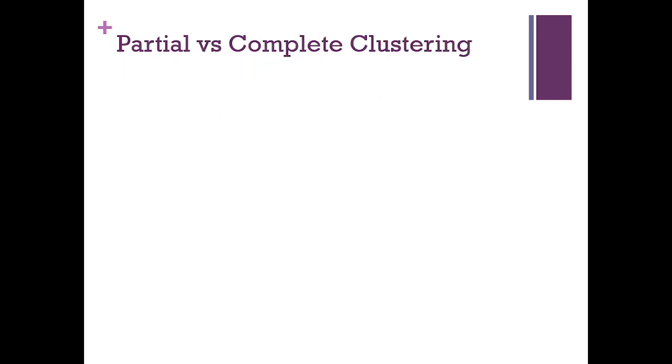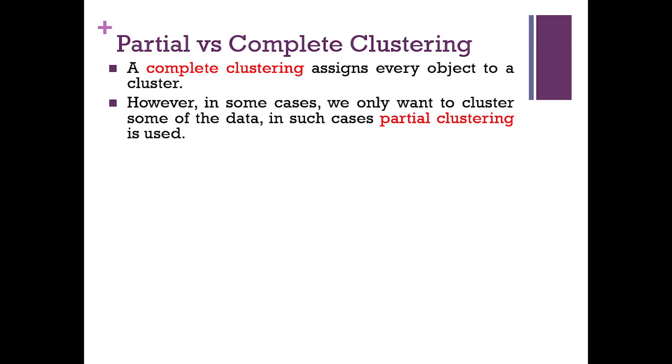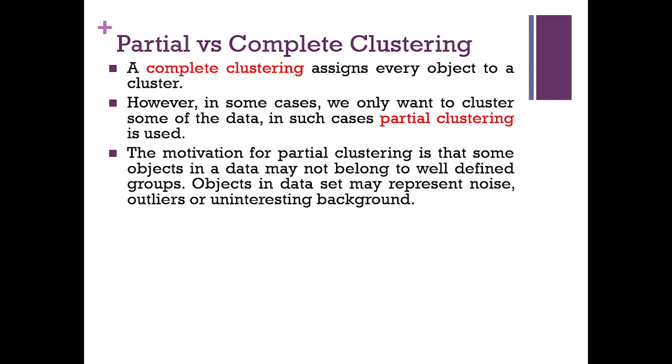Now let's talk about partial versus complete clustering. A complete clustering assigns every object to a cluster. However, in some cases, we might not want to cluster all the objects. These could be the cases when there are outliers, or there is noise present, or there is an uninteresting background.